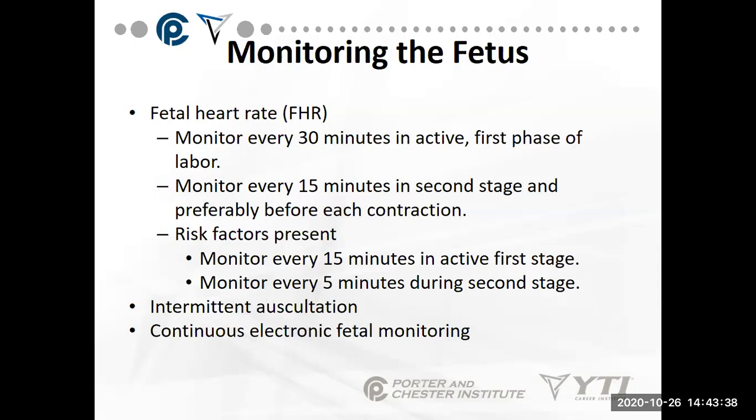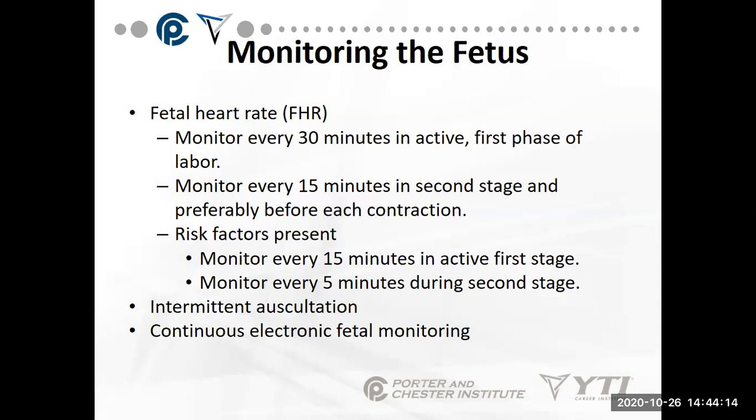And again, your book does go more into when to auscultate, and also document the fetal heart rate for women who are low risk, high risk, and also the routine auscultation. So it has that chart there for you to look at. With the continuous fetal monitor under the safety alert, it says the standard fetal heart rate monitoring is every 30 minutes in the active phase of the first stage of labor and every 15 minutes in the second stage.